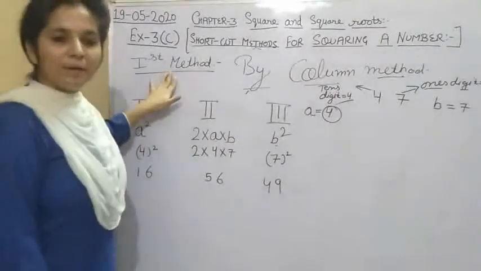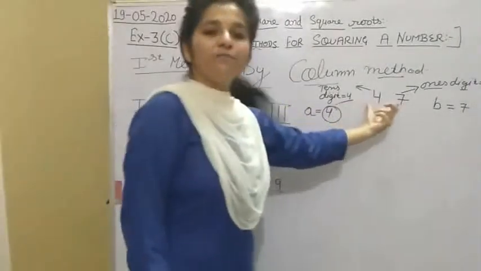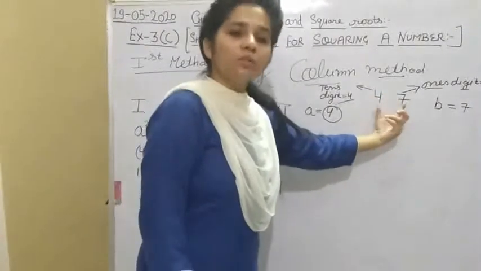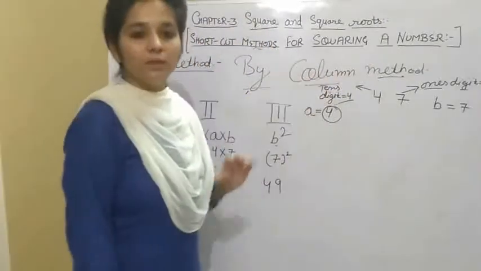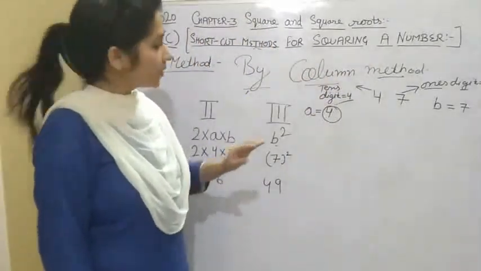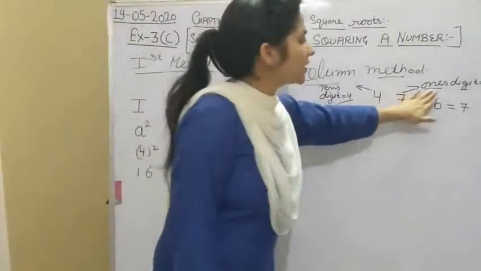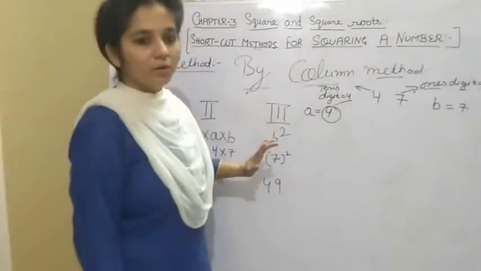I am again repeating these 3 steps. You have a given number 47 and you have to find out the square of 47 by column method. You have a 2-digit number. Your ones digit is 7 and your tens digit is 4.